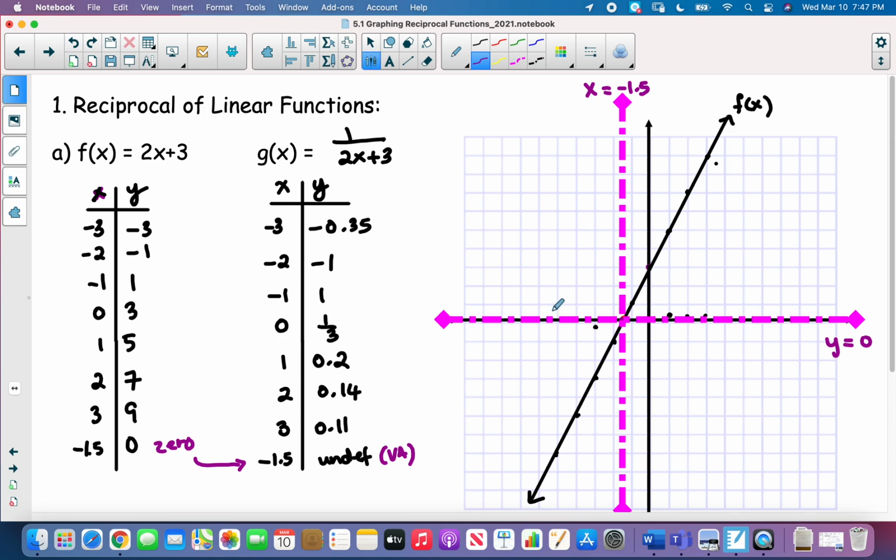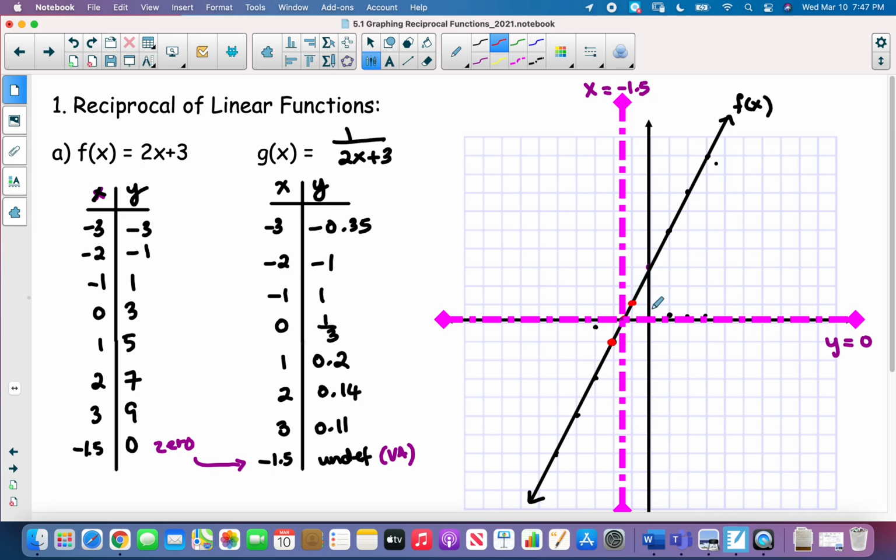And now I can plot the reciprocal function without even looking at these points. My idea is to look for the invariant points. The invariant points will be where y is equal to 1 and y is equal to negative 1. So y is equal to 1 is the point on the original function there, and the negative 1 is right there.